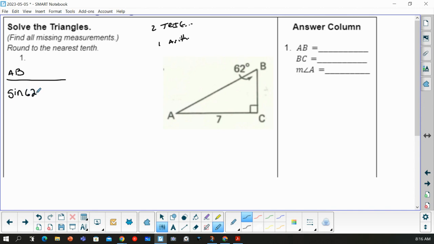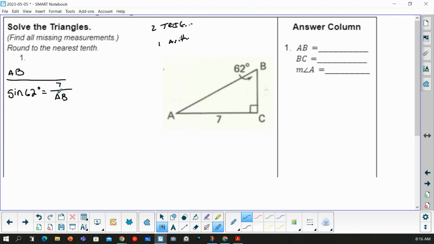Sine of 62 degrees equals the opposite of 62 degrees, 7, over the hypotenuse, which is AB, my unknown. And instead of using an x, I'm just going to use AB. That way I'm not confusing myself with other things. So sine is opposite over hypotenuse.